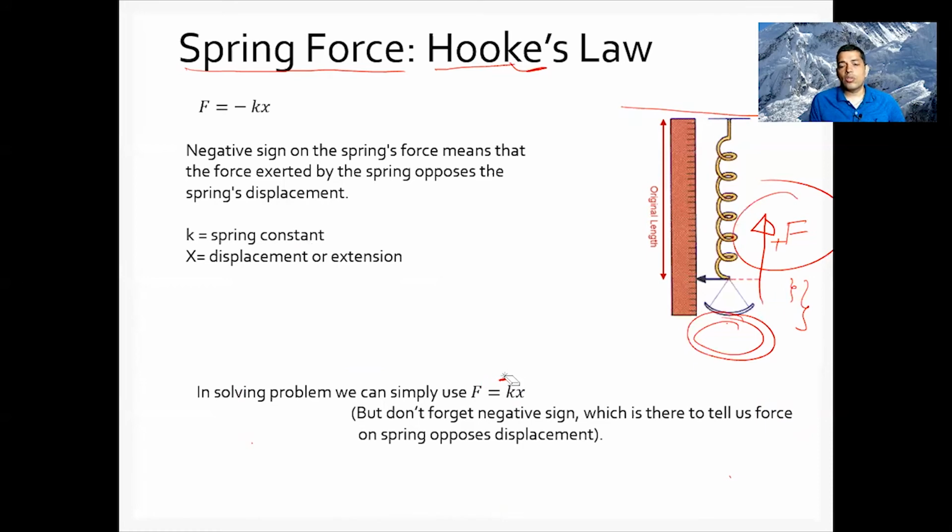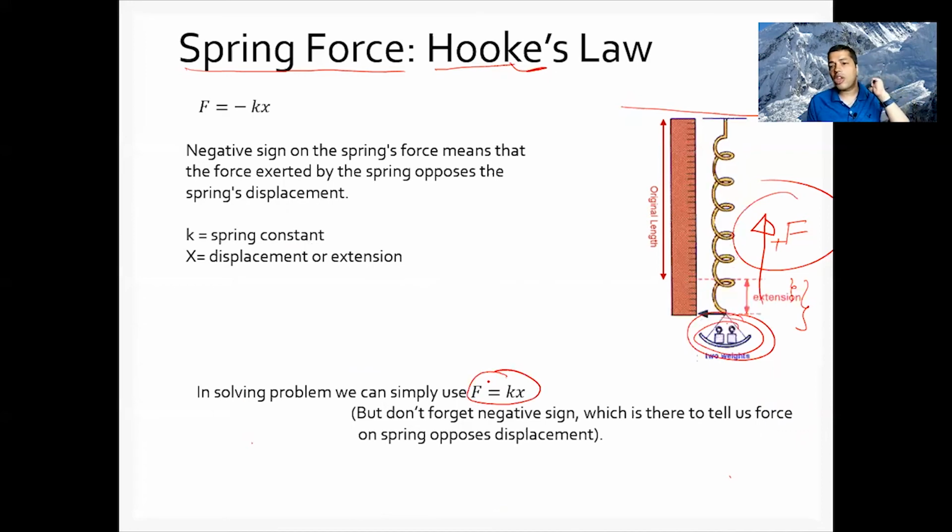It tells you the direction of the force. So simply find the magnitude and keep in mind that this F has the direction opposing the force that extends the length of the spring.